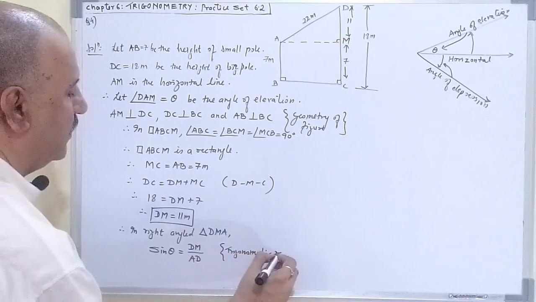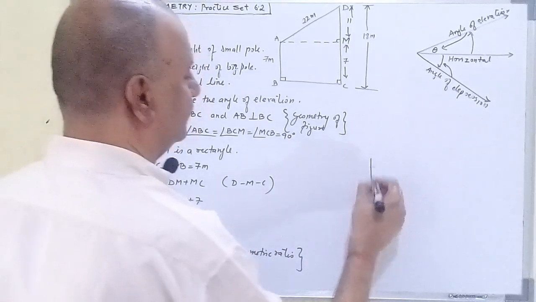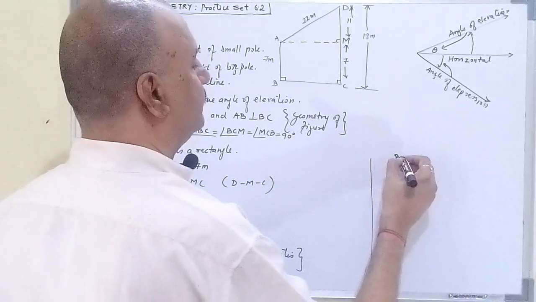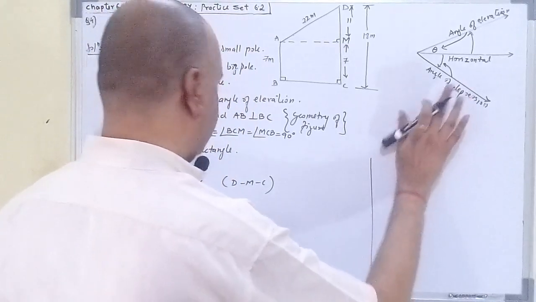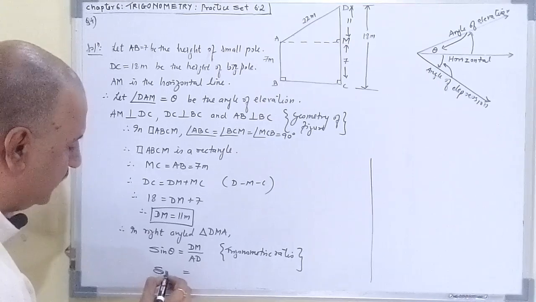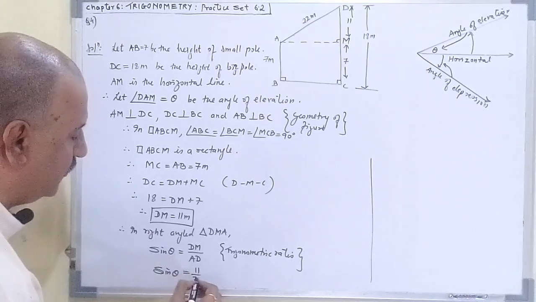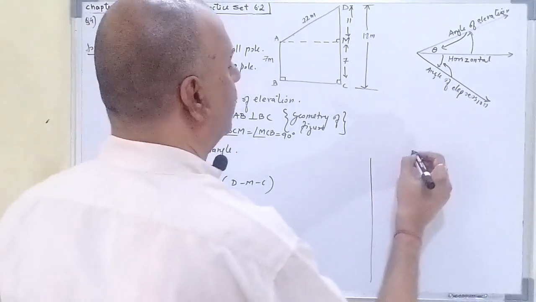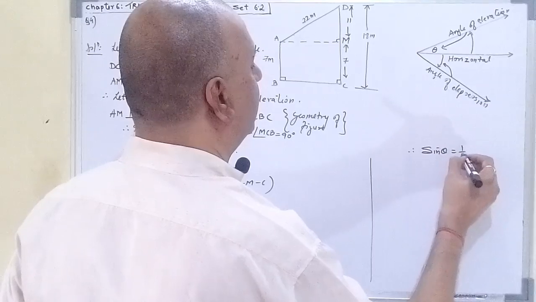Trigonometric ratio. इसका मतलब क्या हुआ? Therefore, sin theta is DM upon AD, कितना है, 11/22. Therefore sin theta is equal to 1/2.